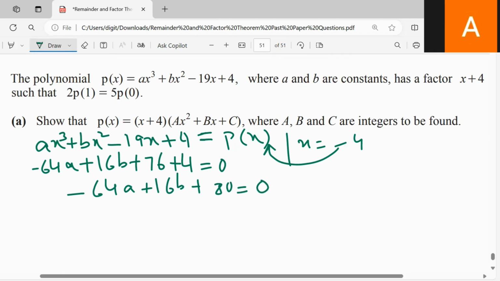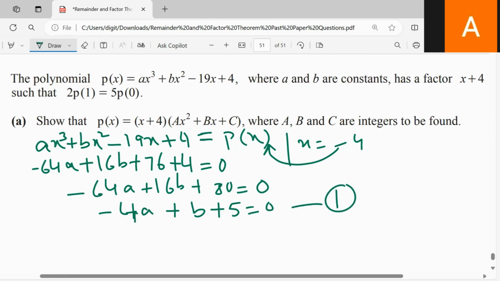Now you can take 16 as common, and your final equation is minus 4a plus b plus 5 is 0. So this is equation number 1.